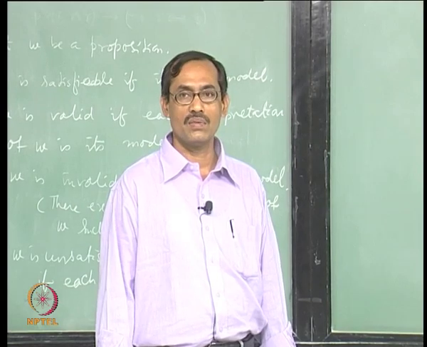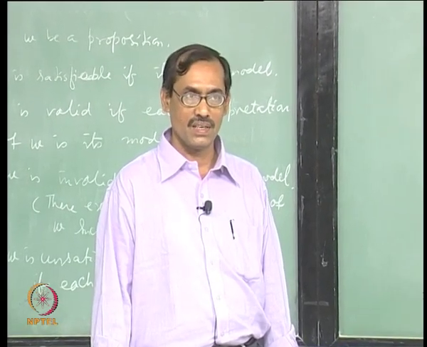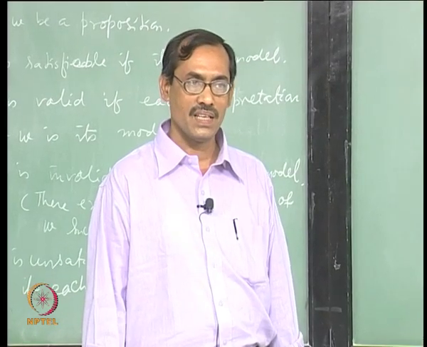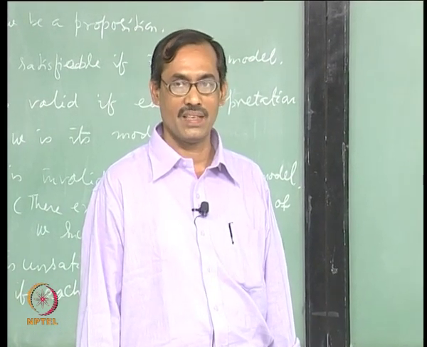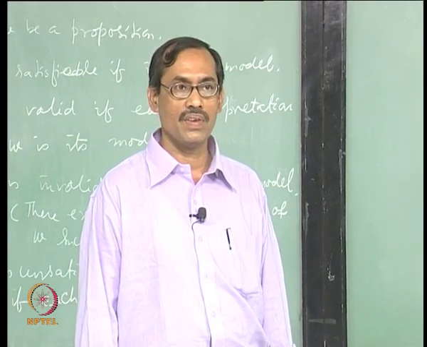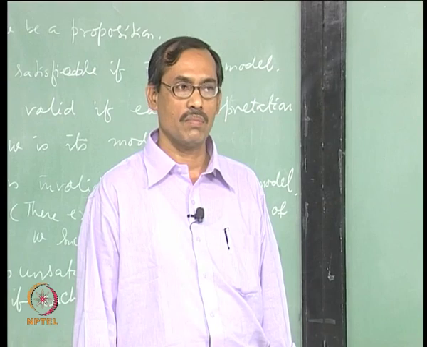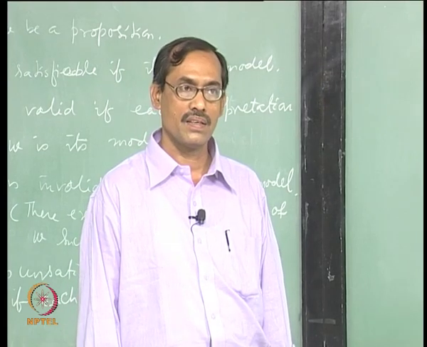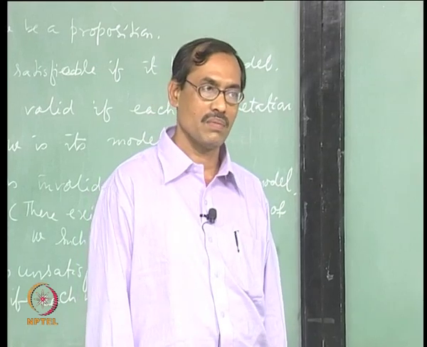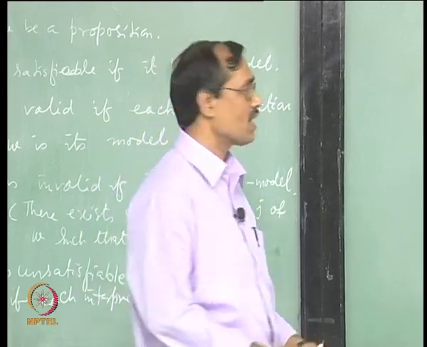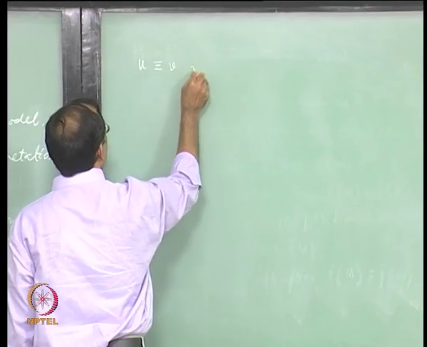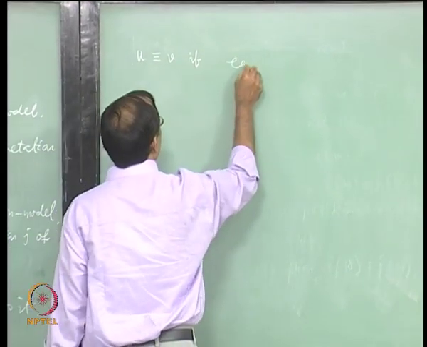Recall we say that u is equivalent to v if I of u equals I of v for every Boolean valuation I, right. Now, you can think of interpretations. That means u and v are equivalent if their models coincide. Each model of u is a model of v, each model of v is also a model of u, right.